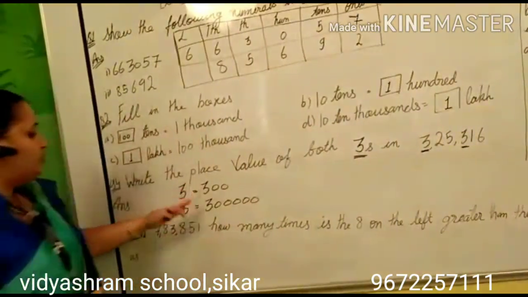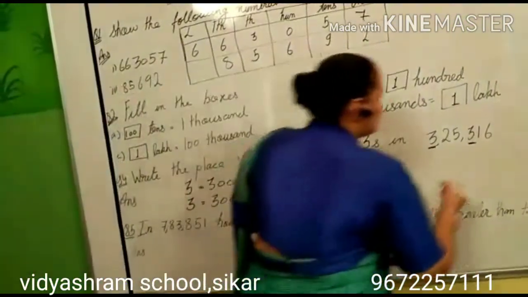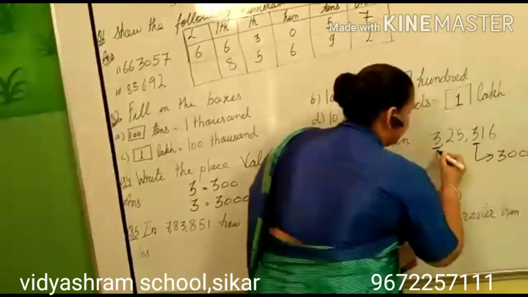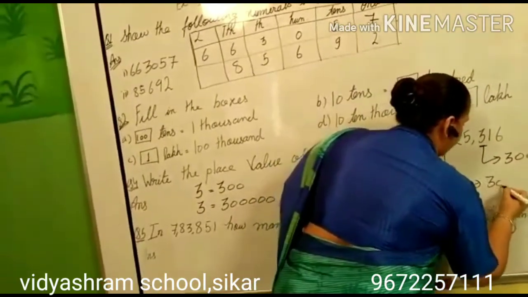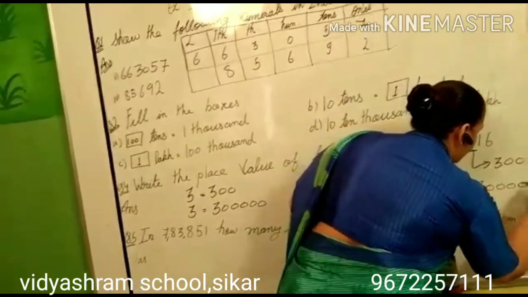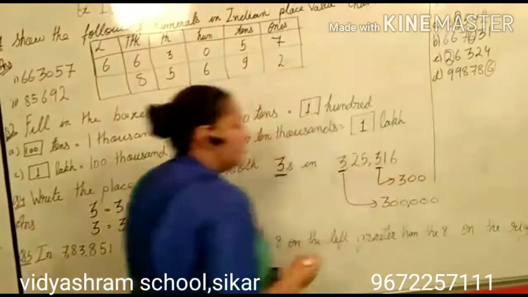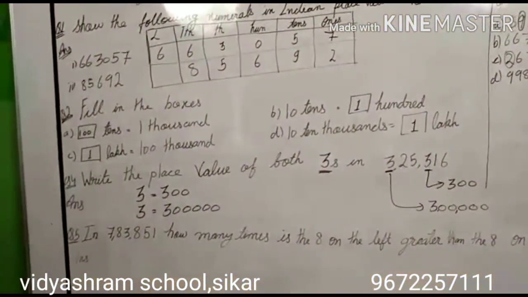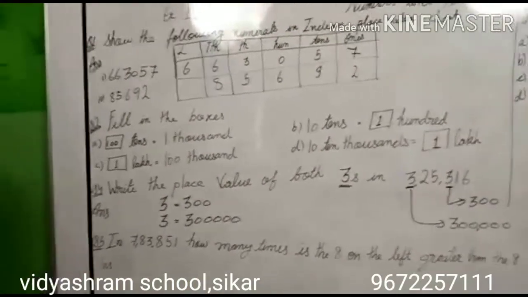So see, I will show you here, that is the 300 and that is the 3 lakh. Okay. This is the demand of question number 4. We have to put the place value of 3 in that.